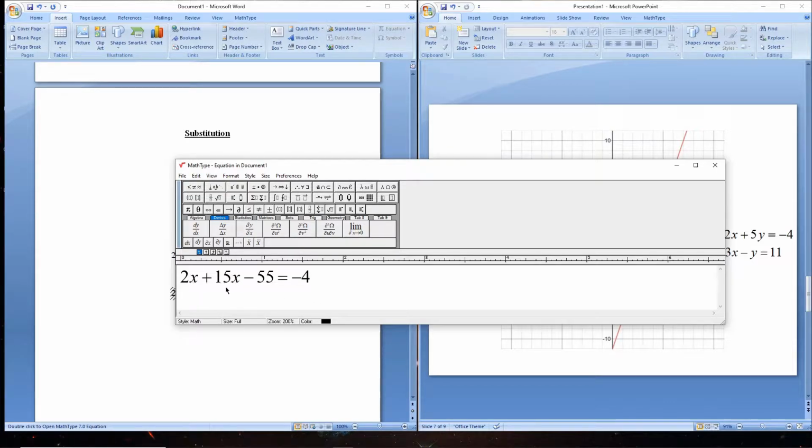So 2x plus 15x is 17x. And then we'll add 55 to both sides. So on the right side, we'd have 55 minus 4 to get us a 51. And then finally, we would divide both sides by 17. And 51 divided by 17 is 3.